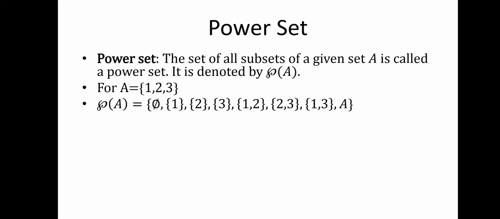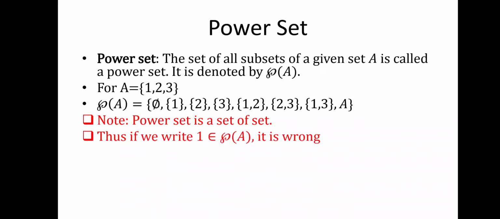This is a very important understanding which you have to make. Once we understand the fact that power set is actually a set of sets, there are many different things that happen which we need to understand.